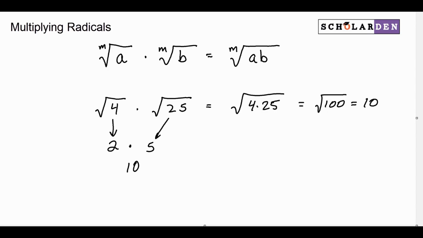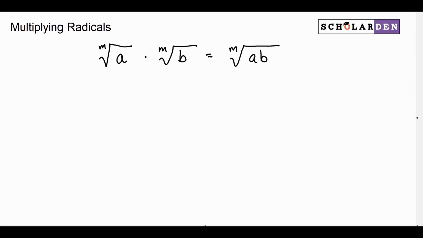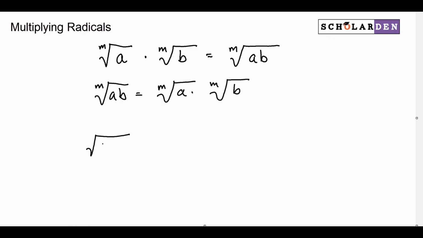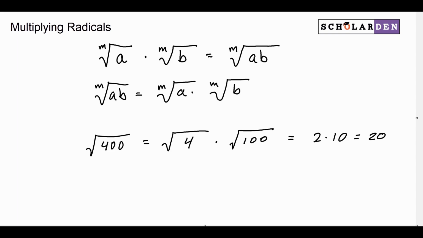So that's perfectly allowable. I said it works the other way too. I'm just writing that in reverse. So for example, I could have the square root of 400, and I could decide to break that into the square root of 4 times the square root of 100, and then that would be 2 times 10, or 20.